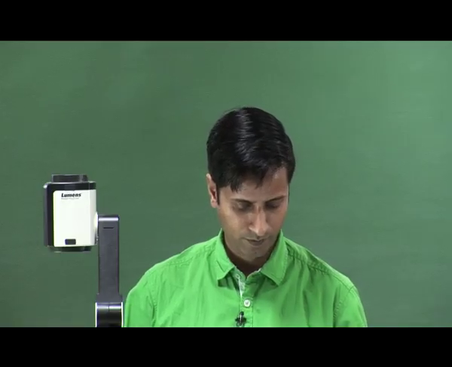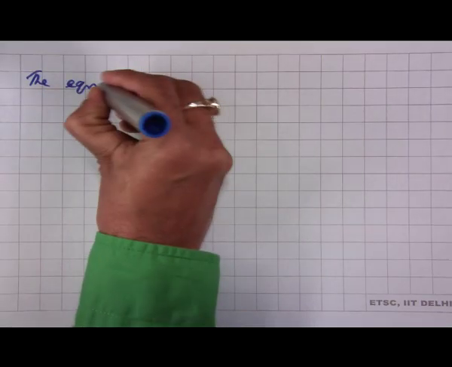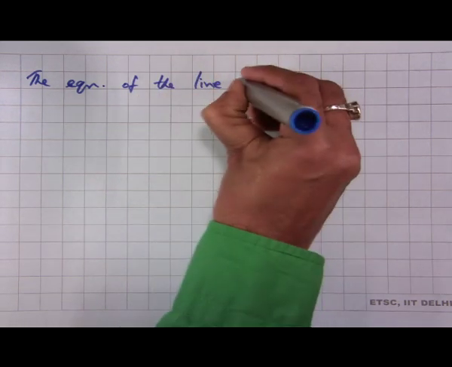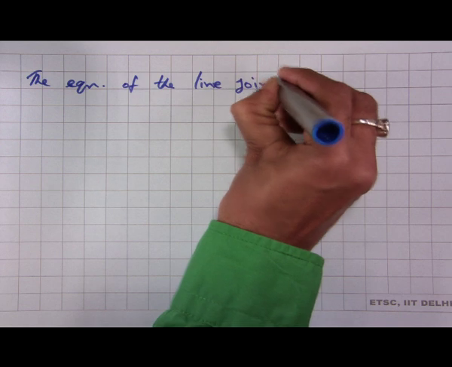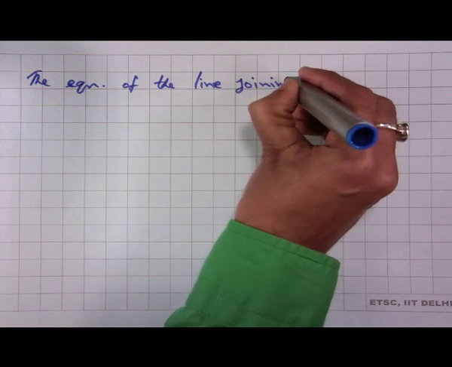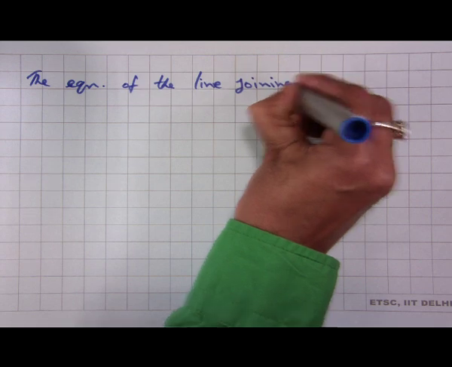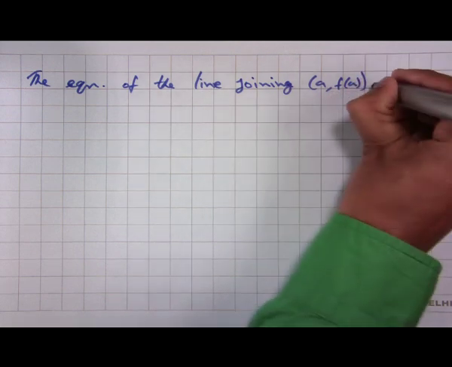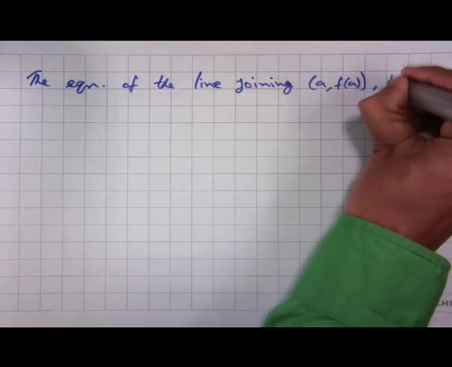So, let us see what is the equation of the line joining (a, f of a) and (b, f of b).